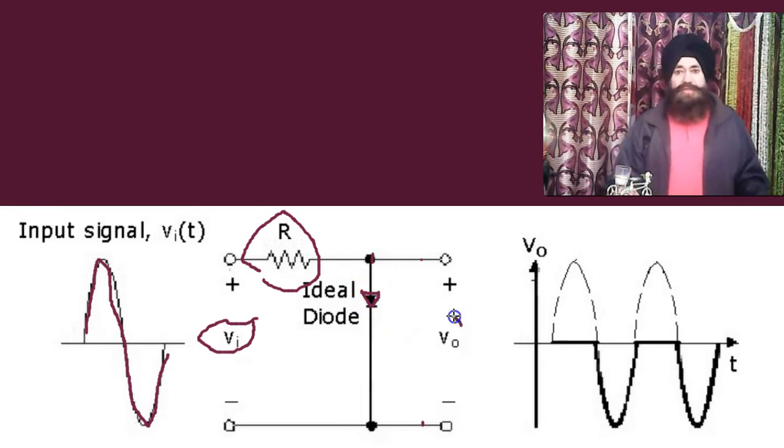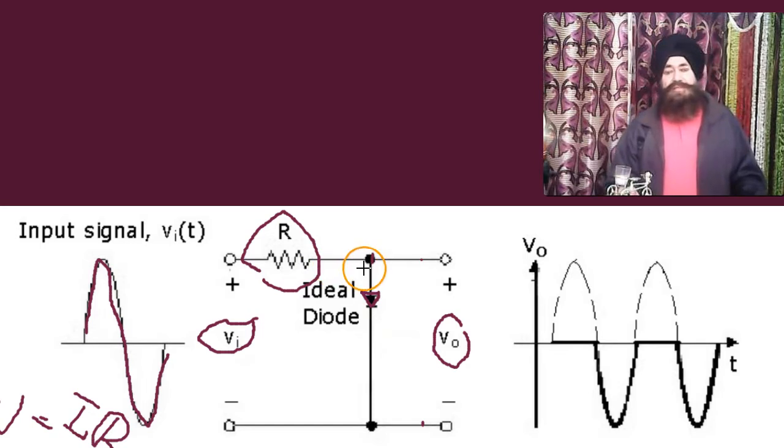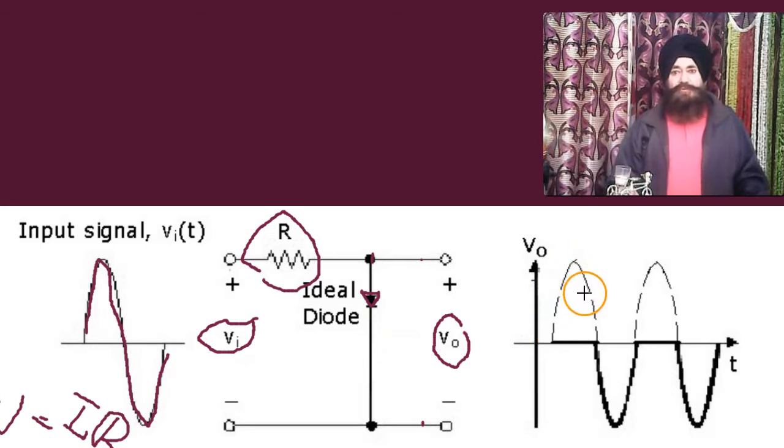That means the voltage will be 0 across the 2 points, because by Ohm's law V equals I into R. When the circuit is shorted, with no resistance, the voltage across the 2 ends becomes 0. So there is no output, because the output between the 2 points is 0.